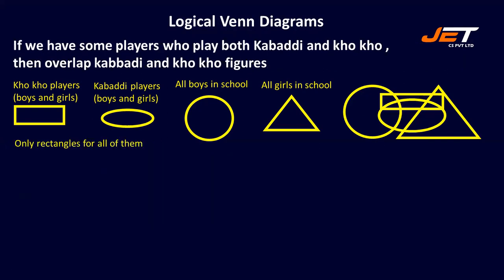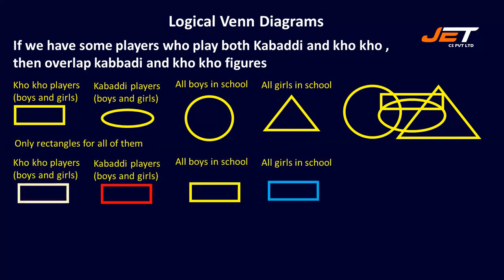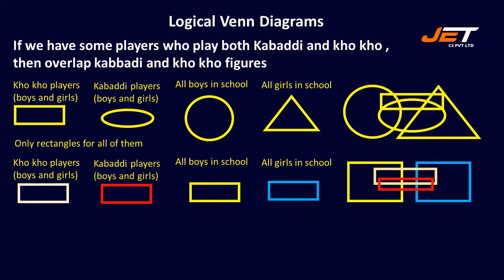So here we have the Kho players, Kabaddi players, all boys in school, all girls in school. If we are going to use only rectangles for both the Kho players and Kabaddi players, and all boys in school and all girls in school, this is how the figure goes.